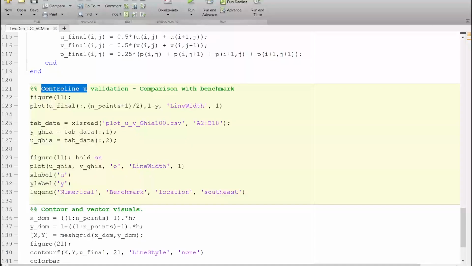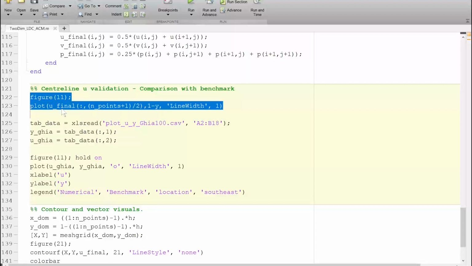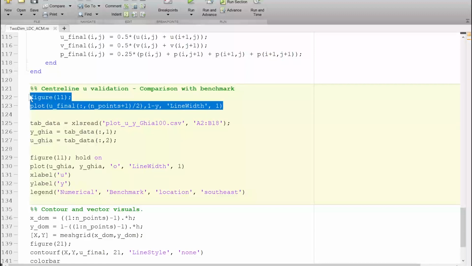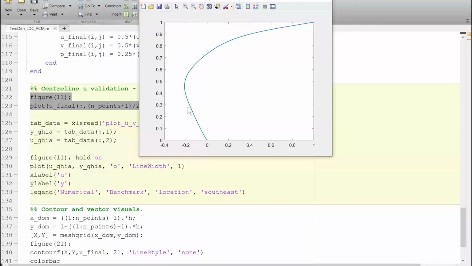So firstly, we plot our computed u velocity. So I go as u final, and this particular index corresponds to the centermost point, and this corresponds to the y location. So once I run this particular command, what we see is the variation of u as a function of y in our data.